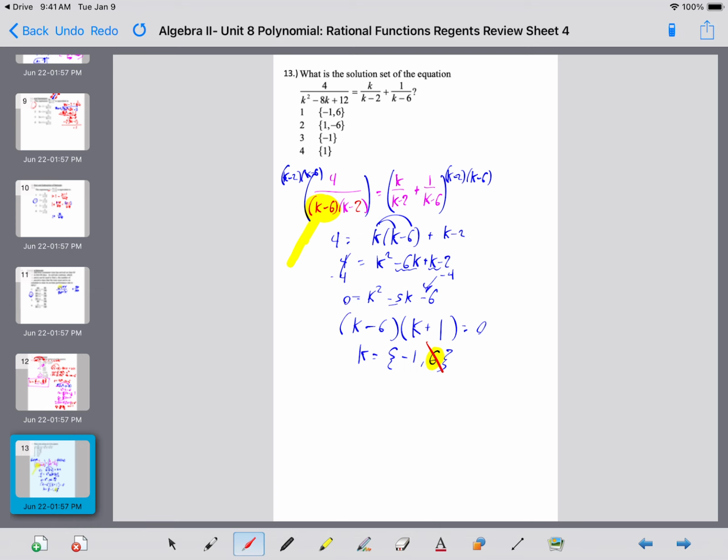So, we're going to cross that out, and we're going to write extraneous. Now for k minus 2, what would make that extraneous? K equals 2. Is that one of our solutions? No. And that was the only factors we had in the denominators, so our answer would be k equals negative 1. Okay, hopefully this helped. Thank you.